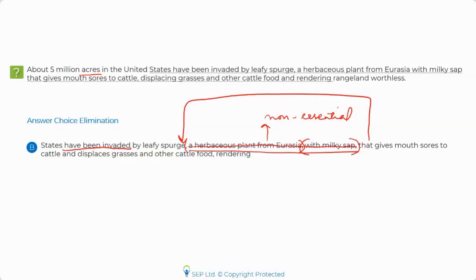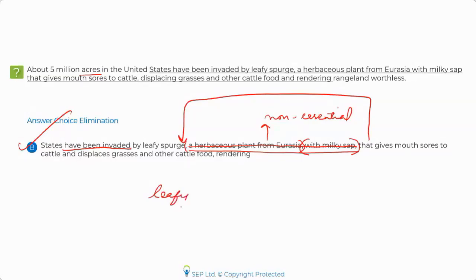So what we are really saying here is 5 million acres have been invaded by leafy spurge that gives mouth sores to cattle and displaces. So leafy spurge gives mouth sores to cattle, leafy spurge displaces grasses, and by giving mouth sores to cattle and displacing grasses, the leafy spurge is rendering the rangeland worthless. Perfect. B is correct.